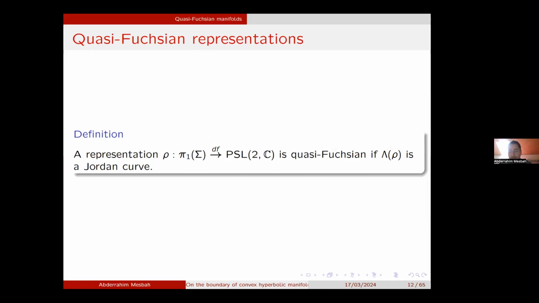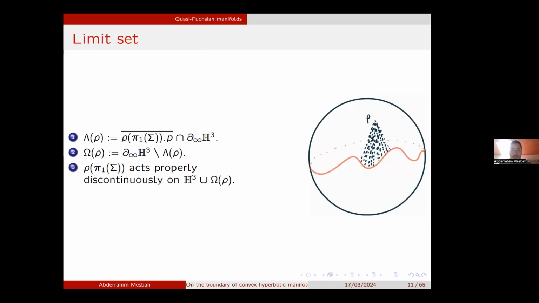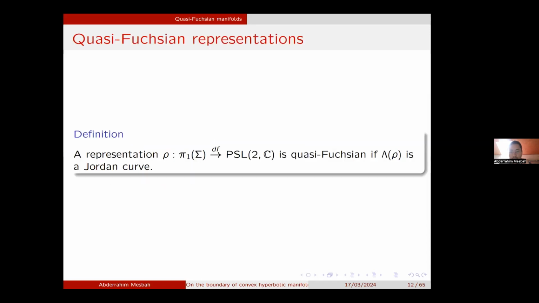And we define a quasi-Fuchsian representation to be a representation whose limit set is a Jordan curve, as in the image here, because the limit set is not always a Jordan curve. It can be complicated things. But in this talk we will focus on when the limit set is a Jordan curve.